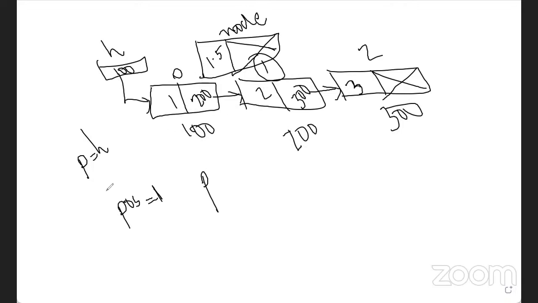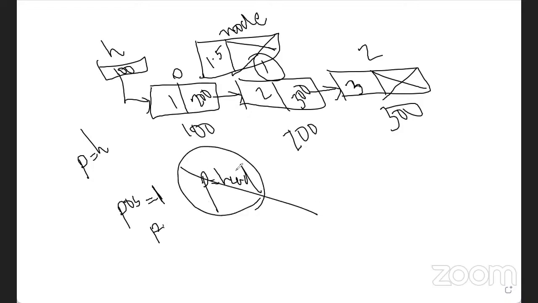So when position is 1, your pointer should point at position 0. So p is equal to head. If you want to insert here, the first node itself is the previous node. Or if you want to insert somewhere here, you will move your pointer till here.